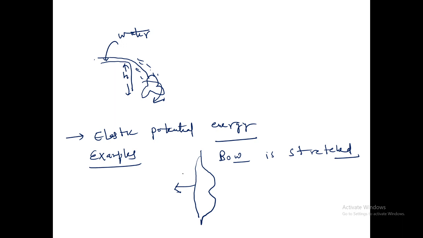So when we stressed it, it acquired what? Elastic potential energy. When the stressed bow is released, it will move fast to the right. The arrow moves forward with a greater velocity on account of the potential energy of the stressed bow, which is imparted to the arrow. Okay, so these are basic things.